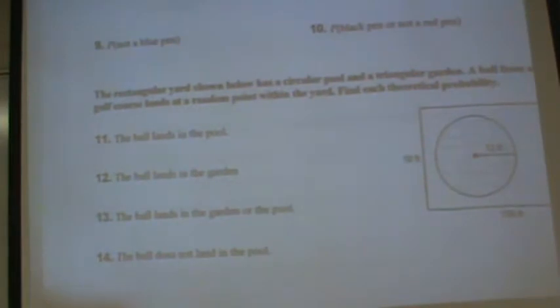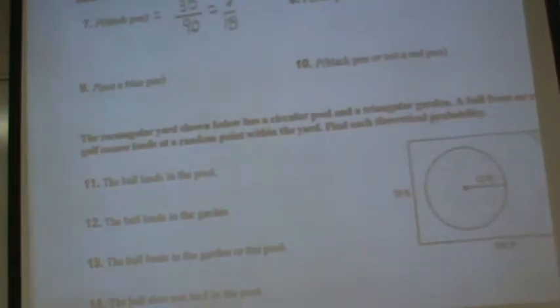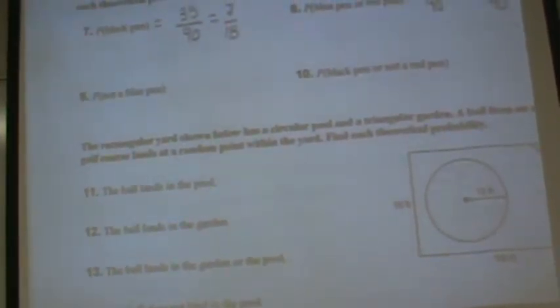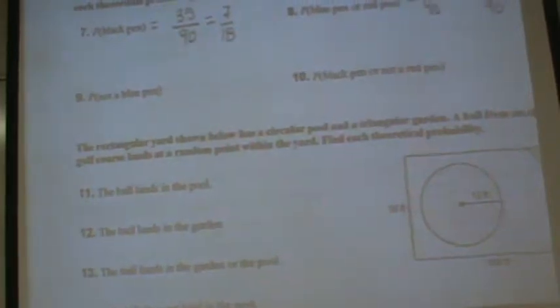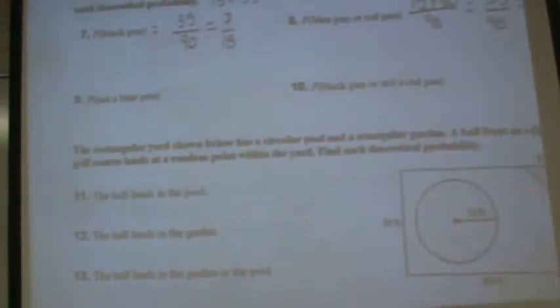Number 9, we're finding the probability that the pen is not a blue pen. So that means it could be a black pen or a red pen. So just like in the problem above, it could be black, so it could be 35. We have 35 choices for the black one, plus 40 for the red, and that's over 90.